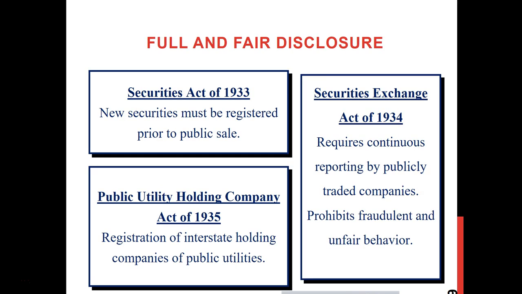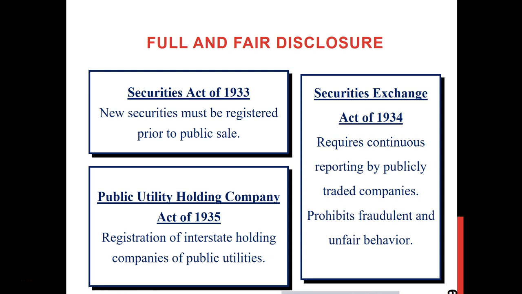Now we will discuss the major securities acts. We already got some idea about the Securities Act of 1933, which is about the IPO or new securities, new registrants, and about the Act of 1934. Now we'll focus on a few other acts.